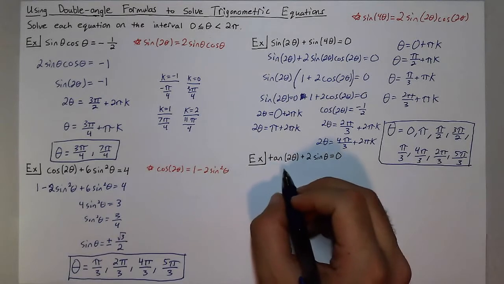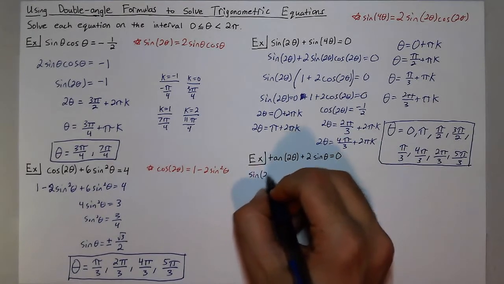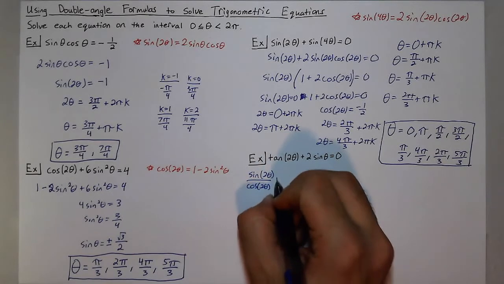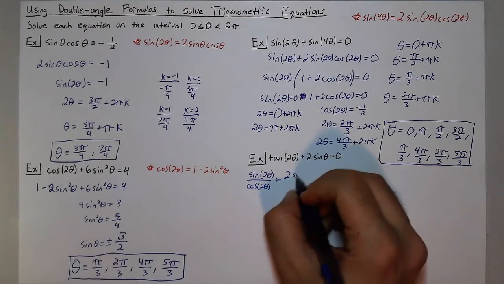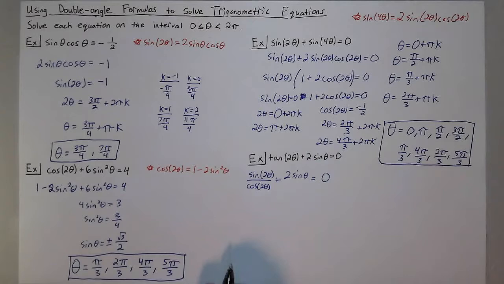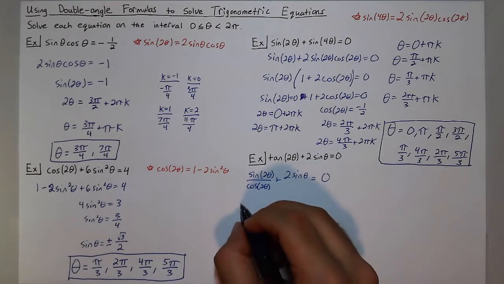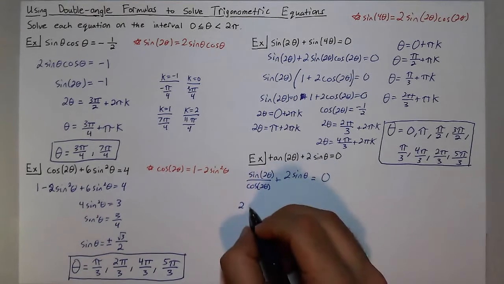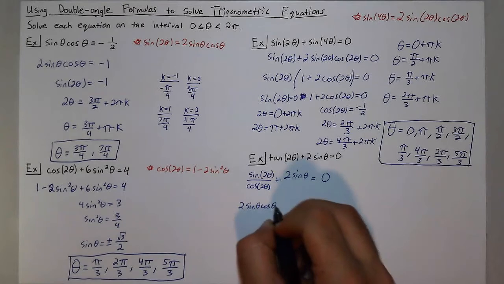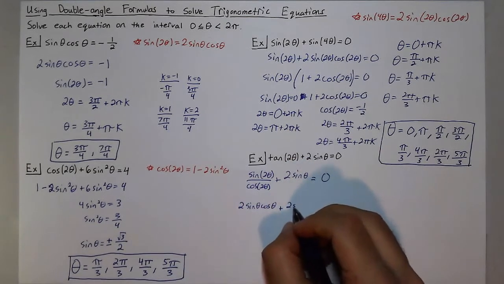So first, I'll start with rewriting this as sine of 2 theta over cosine of 2 theta plus 2 sine of theta equals 0. Now, I can factor my numerator to be 2 sine of theta times cosine of theta, and that will yield a common factor of sine for me to factor out.